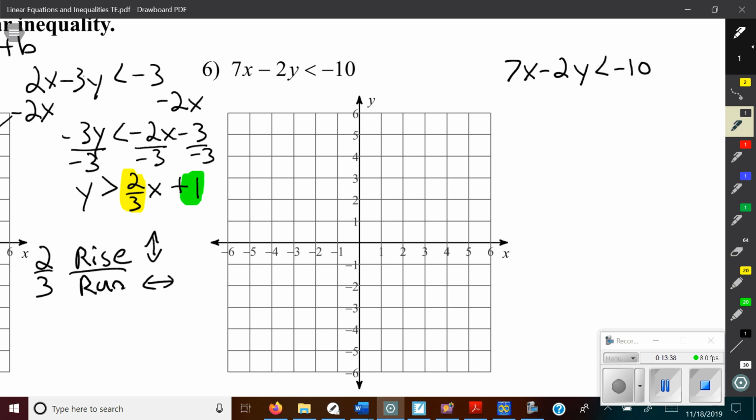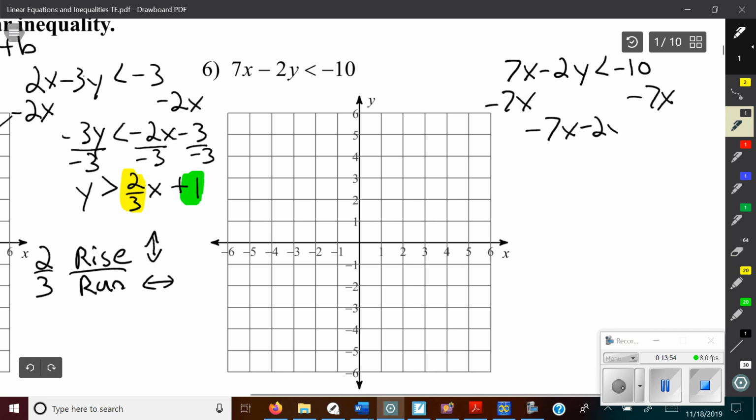So the first thing I'm going to do is do the opposite operation to this 7x. It's going to leave me a negative 7x minus 2y less than negative 10. Oh, mess that up. Let's fix that. That's going to leave me a negative 2y less than negative 7x minus 10.